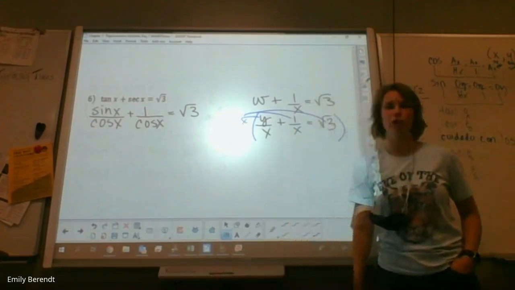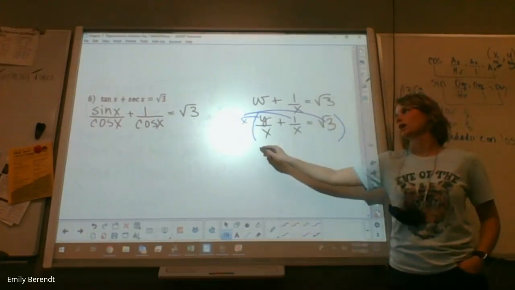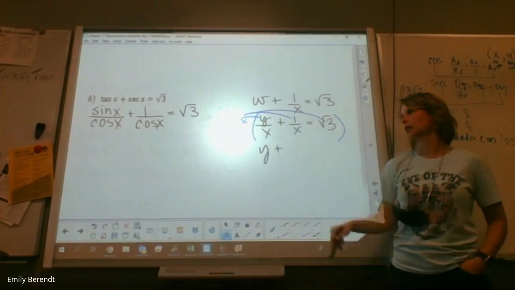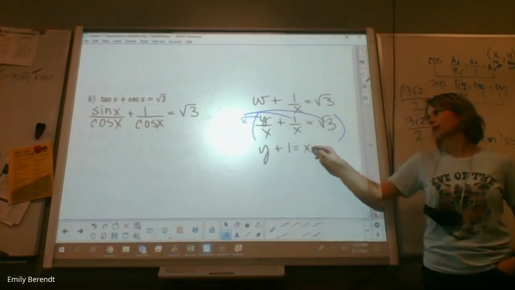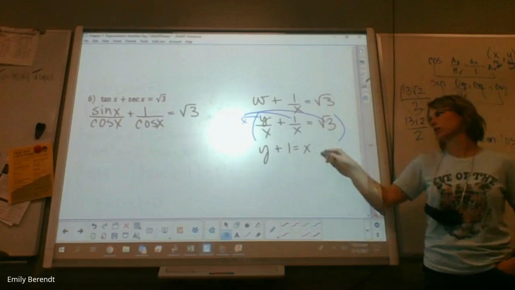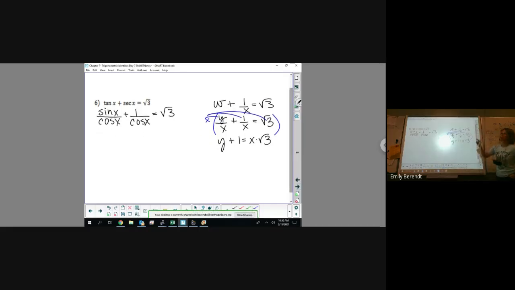So in algebra land, what do you get? y plus 1 equals x times the square root of 3. They cancel in the first fraction, cancel in the second fraction, but don't cancel on the other side of the equation. So in trig land, what are we going to multiply by?